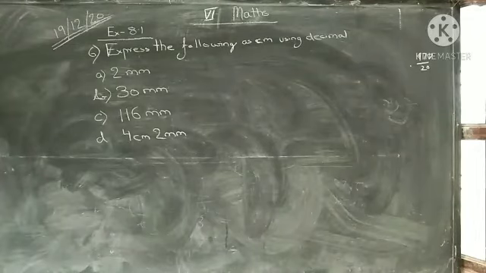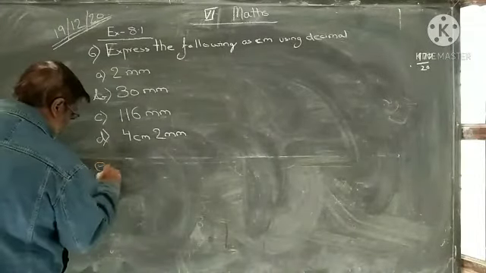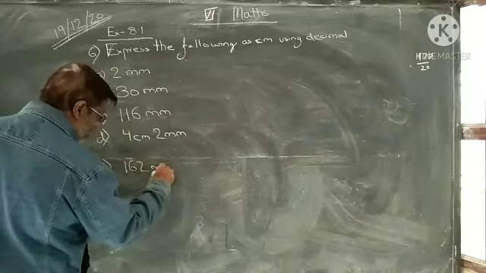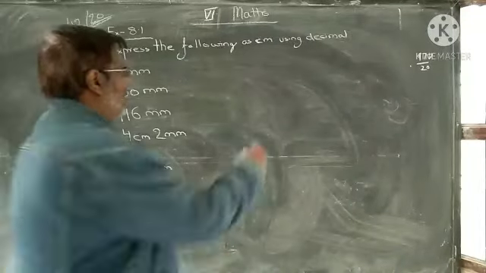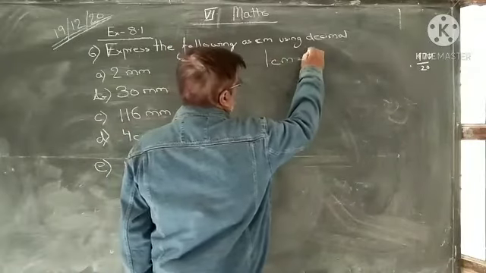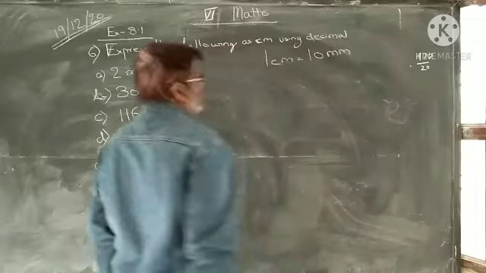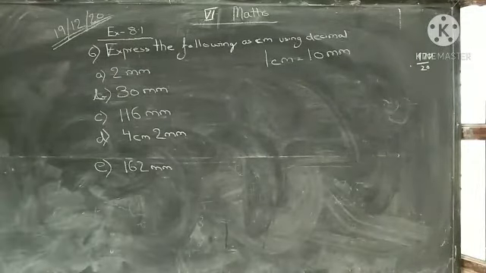And lastly we have 162 millimeter. So we all know that 1 centimeter equals 10 millimeter. Now we have 1 centimeter has 10 millimeter.